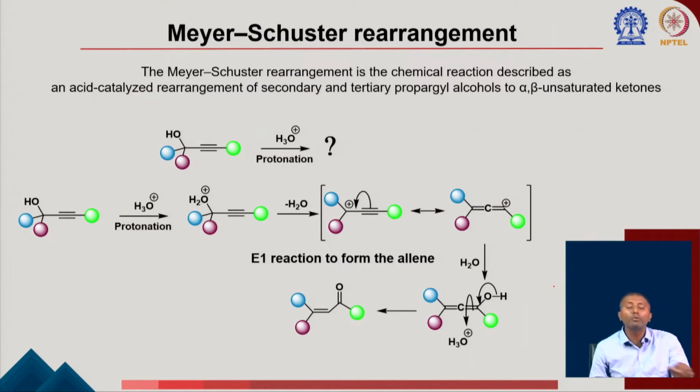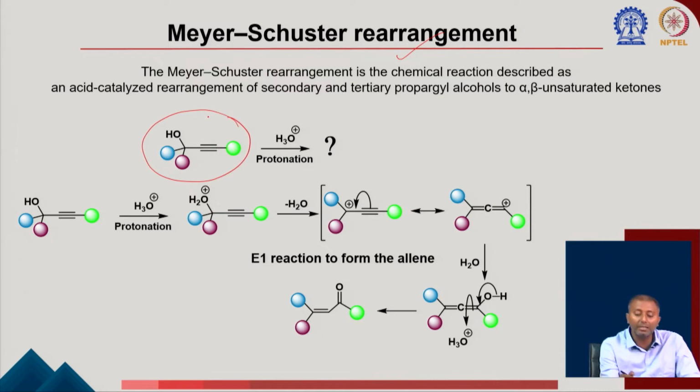So now I am going to move on to another important reaction called the Meyer-Schuster rearrangement. This is another reaction where a carbocation is forming in the propargylic alcohol. If you start with a propargylic alcohol, which is secondary or tertiary, and you treat it with acid, what is going to happen?